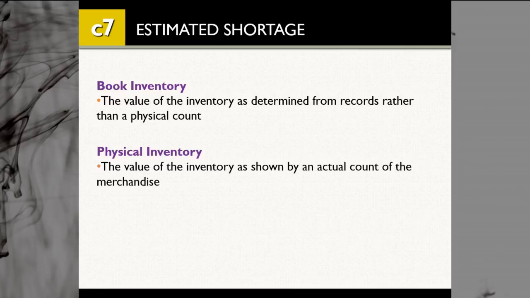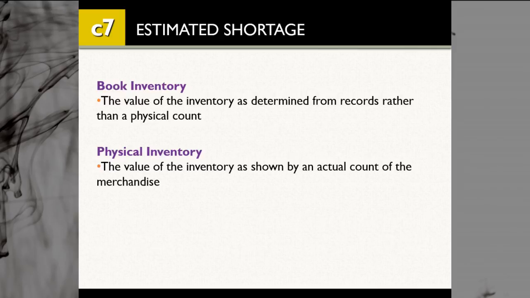To understand this estimated shortage, you have to understand book inventory and physical inventory. If you remember, we just talked about this in chapter 7 part 2. The difference between your book inventory and physical inventory can be considered shortages or overage, but oftentimes you have shortages because you have a higher number for your book inventory than your physical inventory.